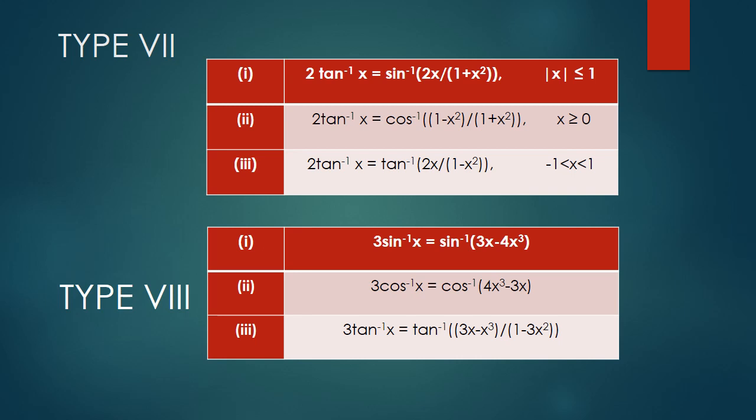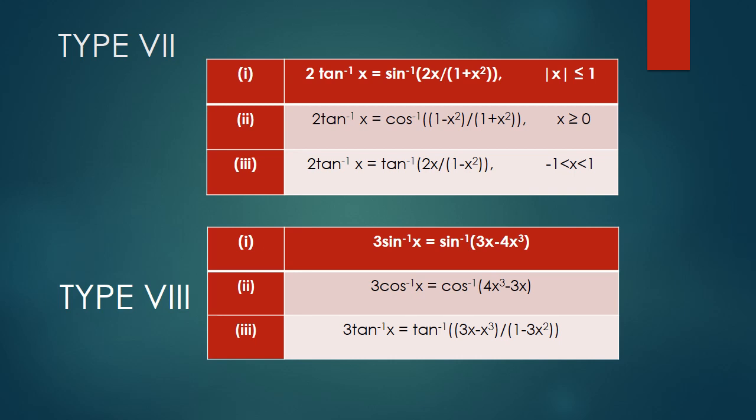Part 2, 2 tan inverse x is equal to, in terms of cos inverse, cos inverse of (1 minus x square) upon (1 plus x square). Third part, 2 tan inverse x is equal to, in terms of tan inverse, tan inverse of 2x upon 1 minus x square. Part 3 is most commonly used in questions.